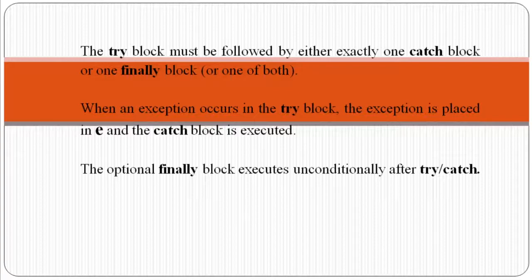A try block statement must be followed by either exactly one catch block or one finally block. A try block may also be followed by more than one catch statement. It means we are using multiple catch statements in case we get multiple errors.